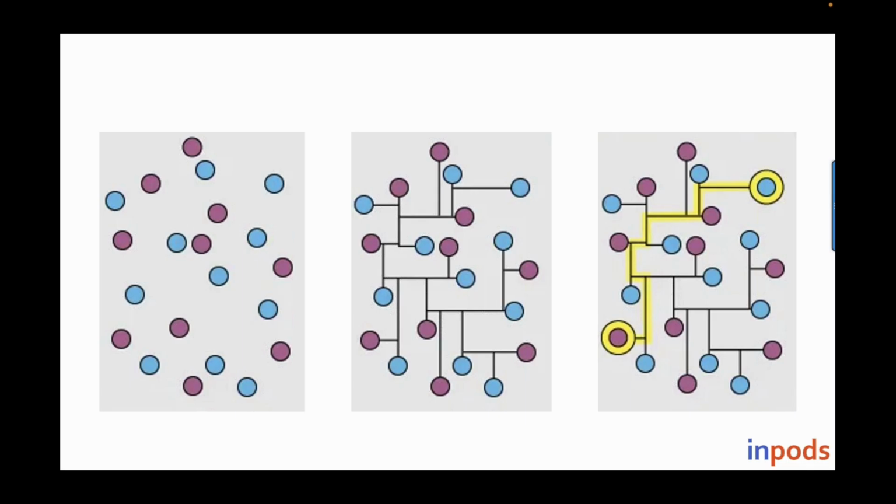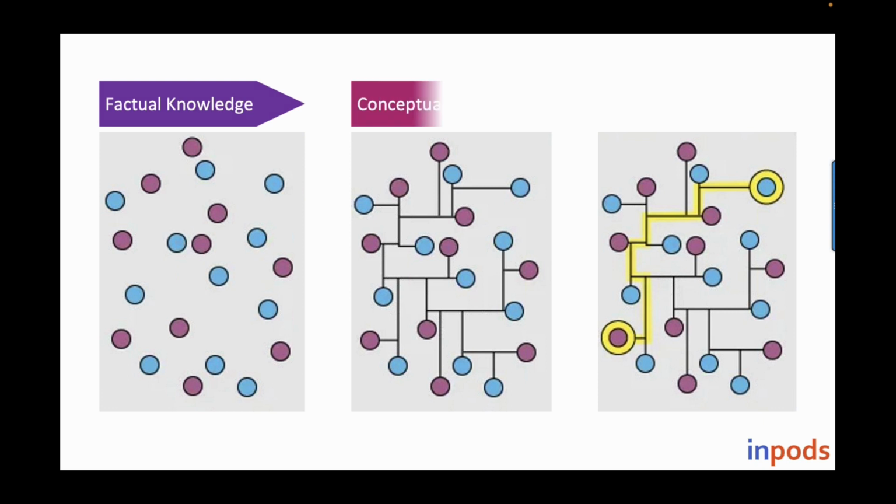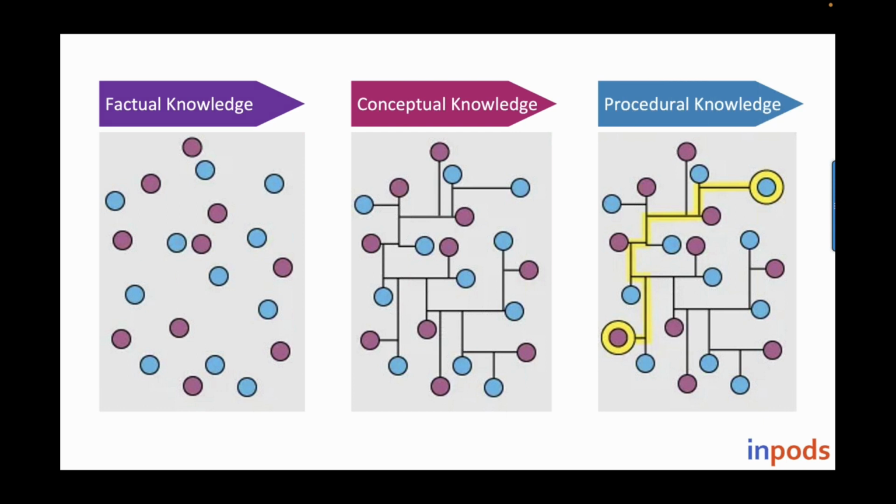So the first box here on your left is factual knowledge. These are all facts lying here and there. The moment you start identifying the relationship between them, it forms a concept. And then when you start knowing about how to go from point A to point B, it becomes your procedural knowledge.